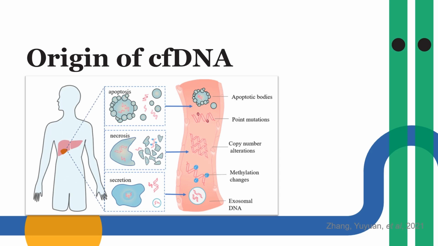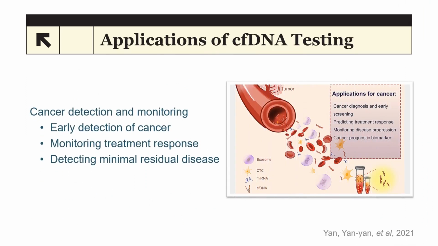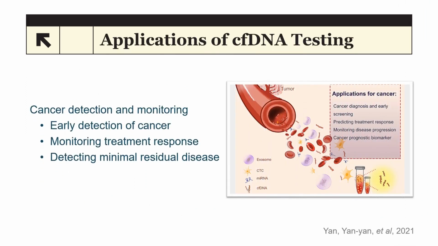Only the emergence of tumor-related molecular alterations in cfDNA indicates the presence of ctDNA. cfDNA testing, also known as liquid biopsy, is a powerful diagnostic tool that analyzes fragments of DNA found in a person's blood. It has various applications in the field of medicine.